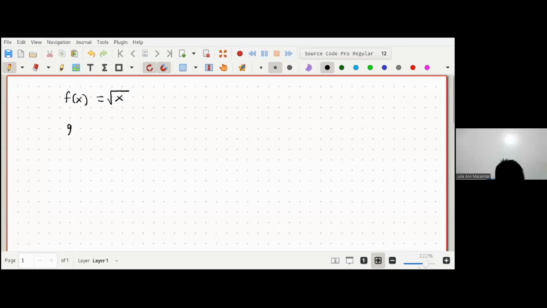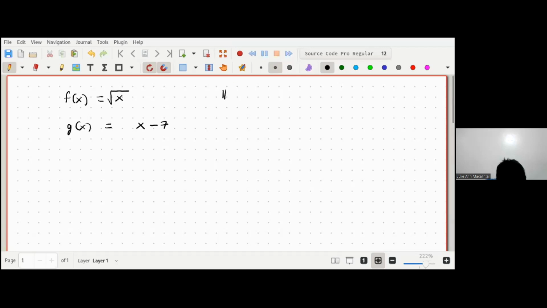Tapos g of x is equal to x square minus x minus 7. So something relatively simple. So ano domain?